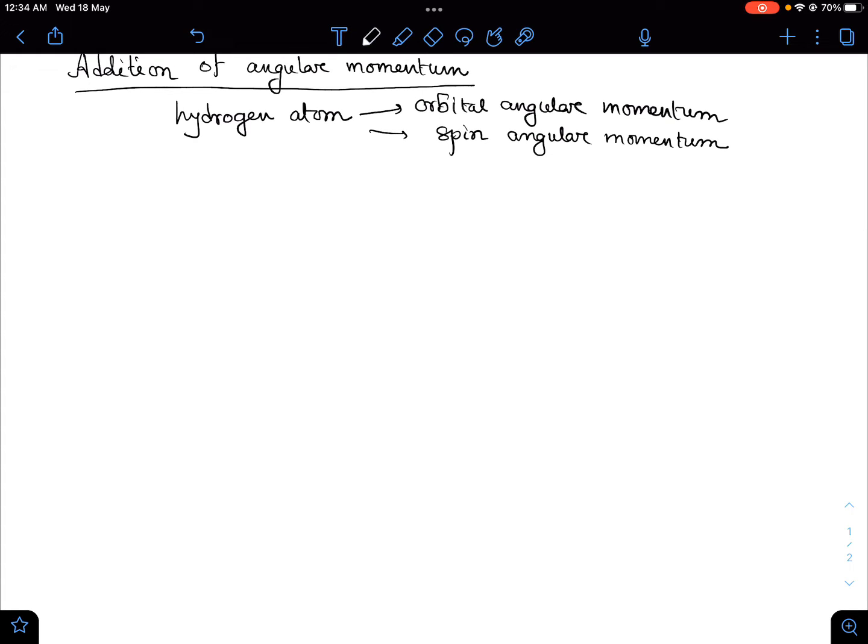Suppose we have two angular momenta, J1 and J2. They are two different generalized angular momenta.